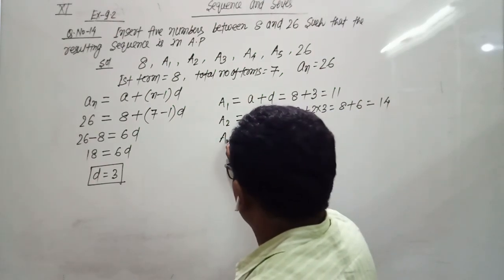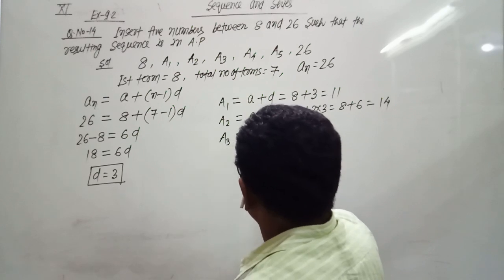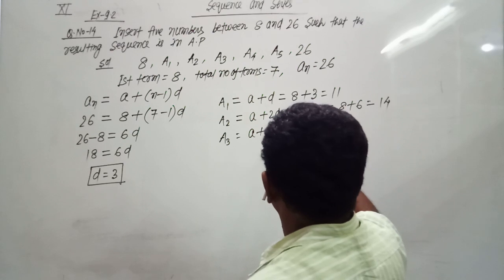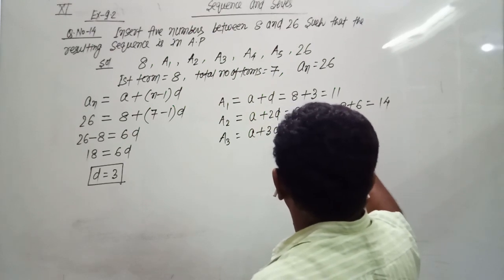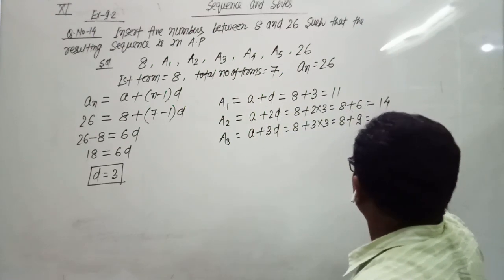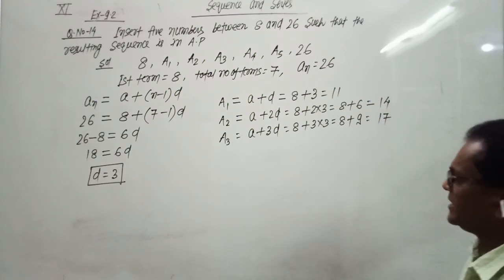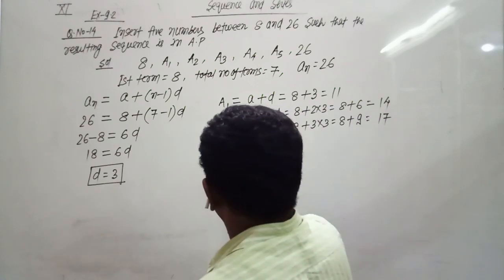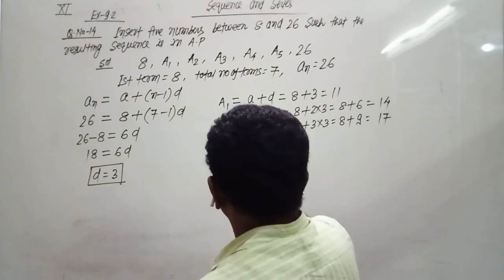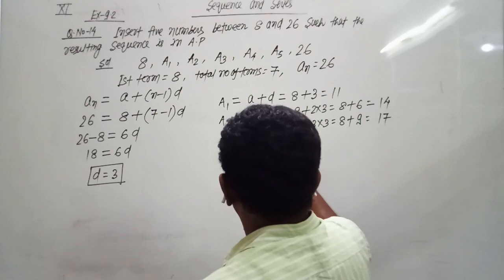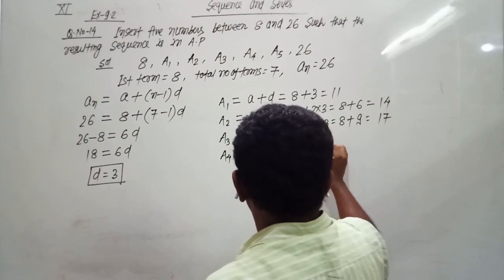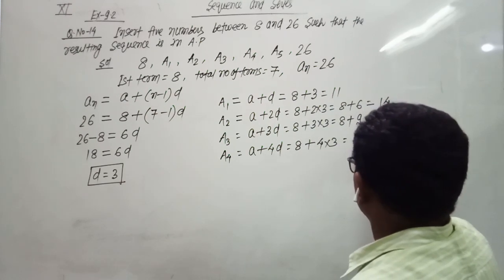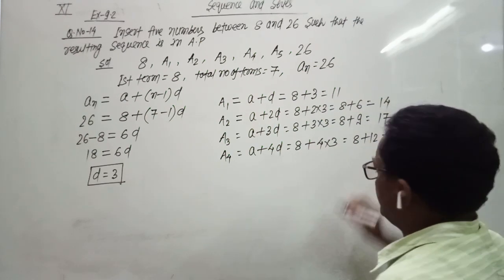Then the third number a3 is given by a plus 3d: 8 plus 3 into 3, that is 8 plus 9, which equals 17. Similarly, the fourth number a4 equals a plus 4d: 8 plus 4 into 3, means 8 plus 12, 20.